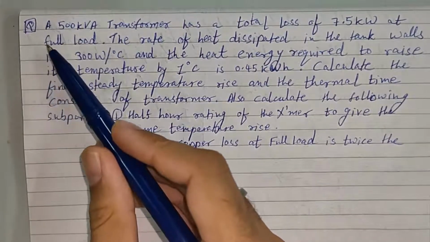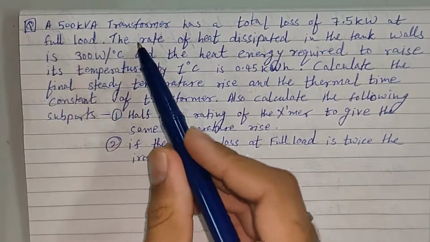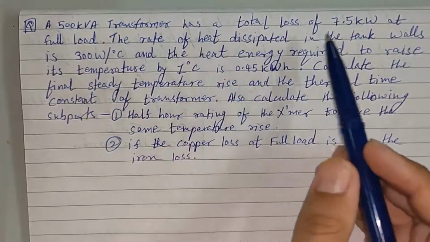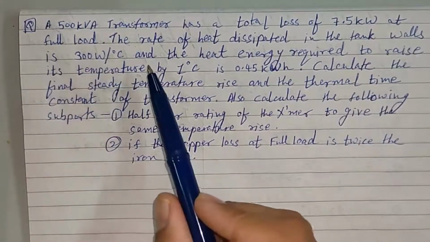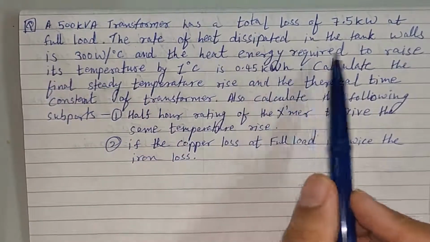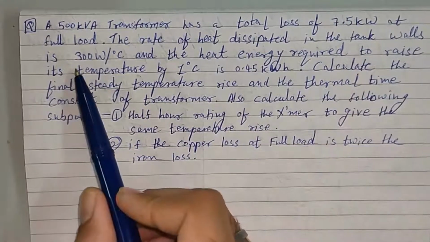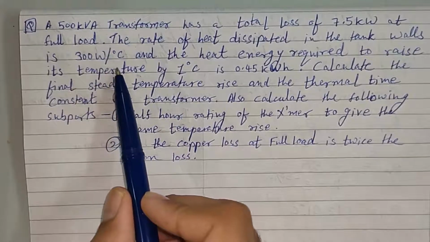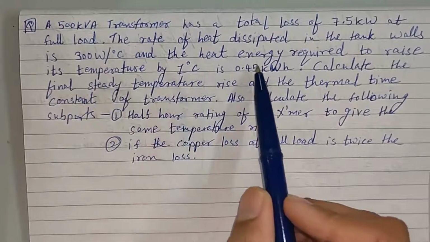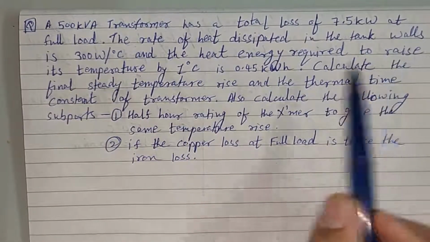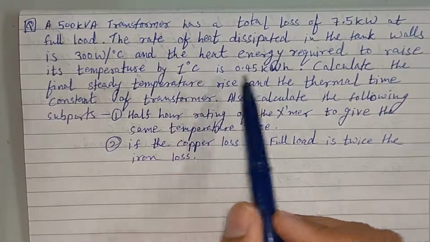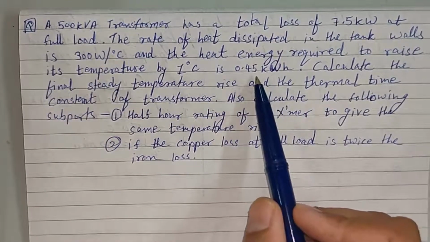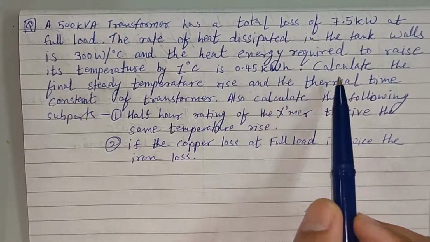Data says a 500 kVA transformer has a total losses of 7.5 kilowatt at full load. The rate of heat dissipation in the tank walls is 300 watt per degree centigrade, and the heat energy required to raise its temperature by 1 degree centigrade is 0.45 kilowatt hour.